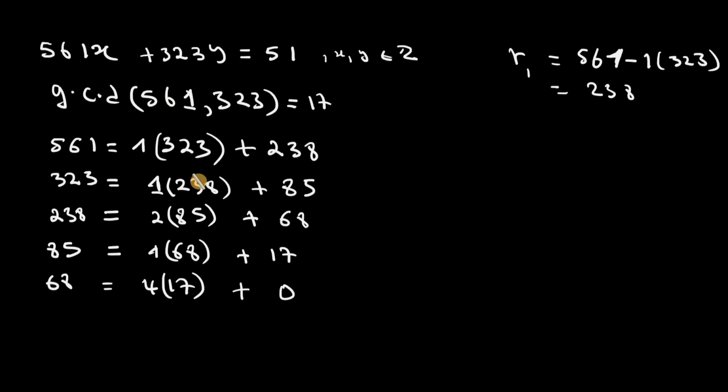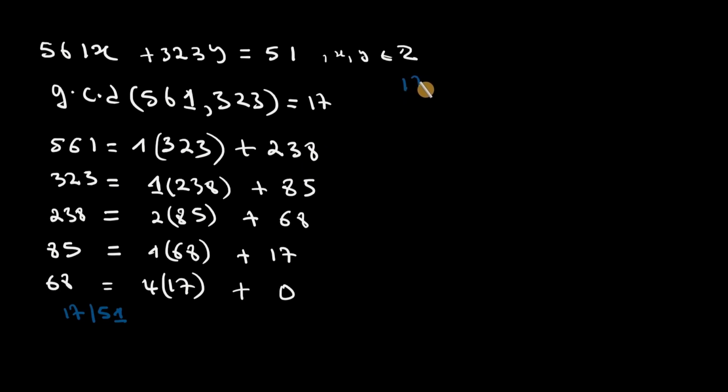And you see, 17 can divide 51. It means this equation can be solved. To solve this equation, I start from the GCD here and I move backwards, right to the first step. That is, 17 is equal to 85 minus 1 into 68.